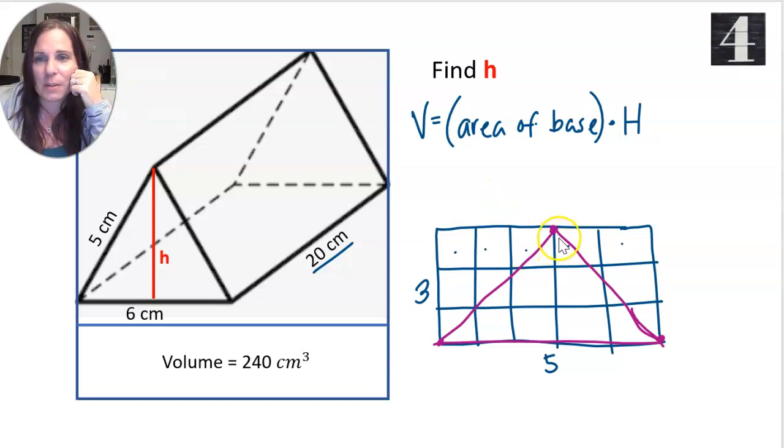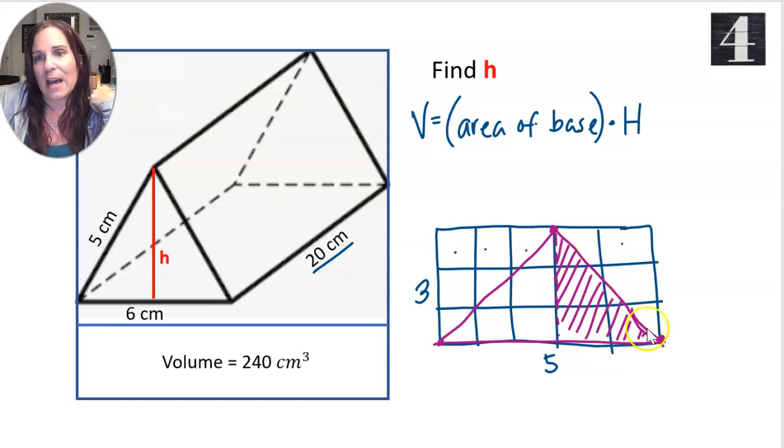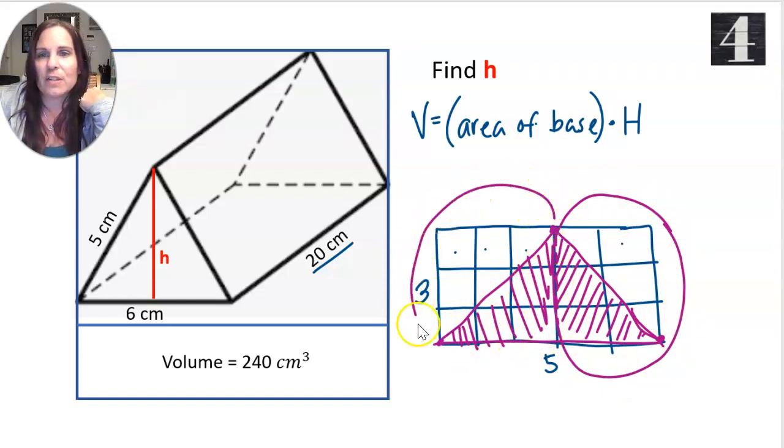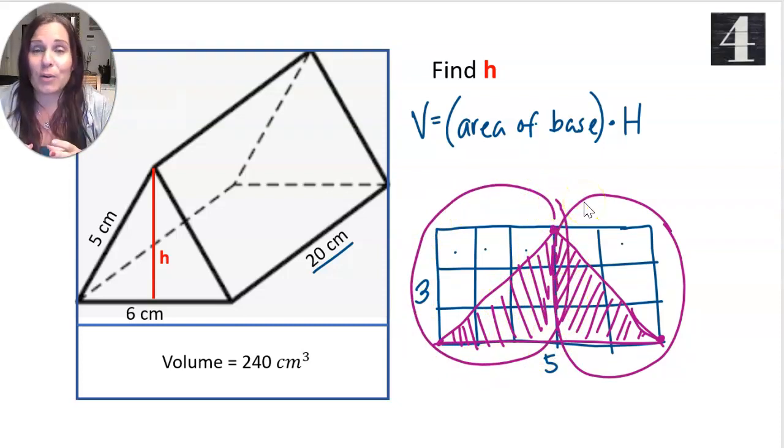Well, if I split my triangle right here, I can see that this part that's in the triangle is half of this rectangle. I can also see that this part, which is in my triangle, is half of this rectangle. So the triangle has half the area of the rectangle.